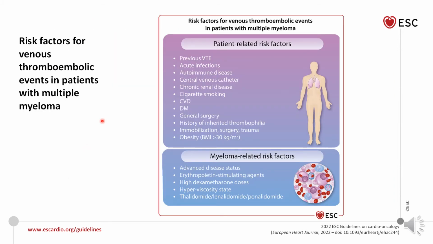And here the risk factors include clinical risk factors and myeloma-related risk factors, like the use of high doses of dexamethasone and the combination of drugs, as we said before.